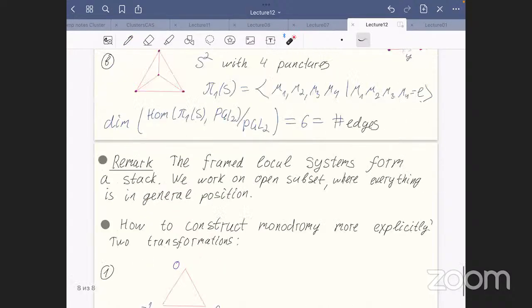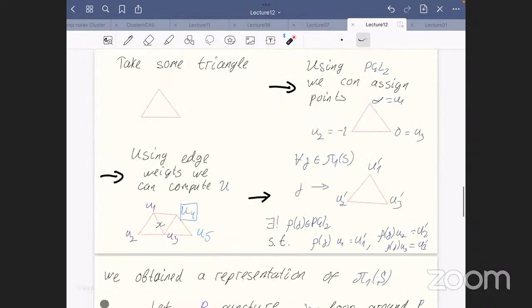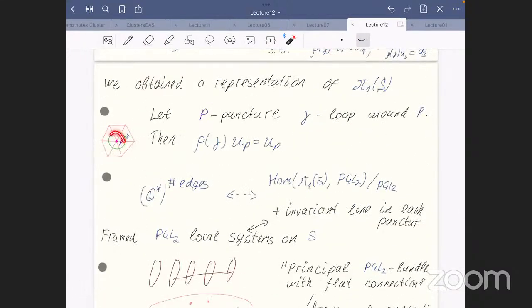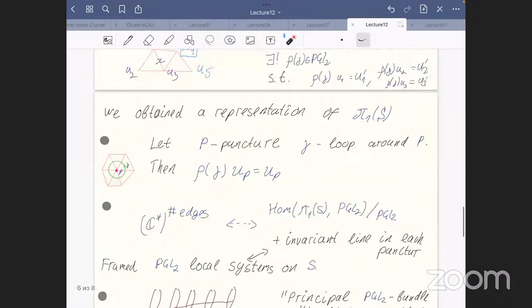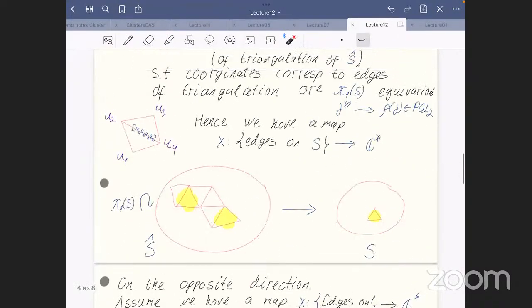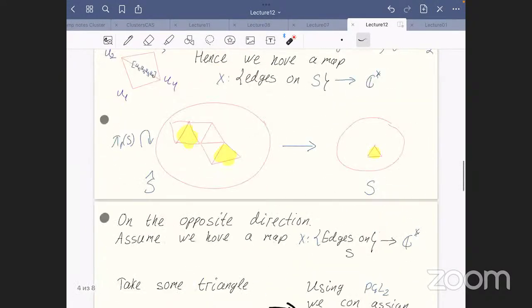But when I draw some path on my surface, or on the universal cover, for identification, I should come not just to this triangle, but this triangle with the same order of the vertices.